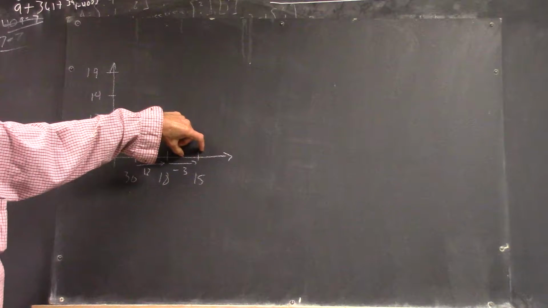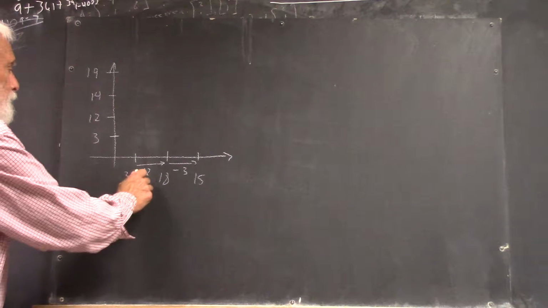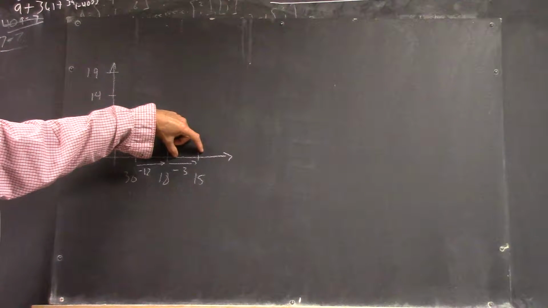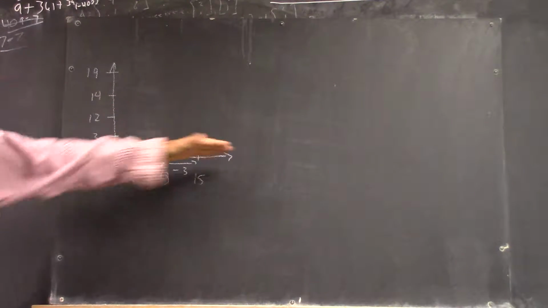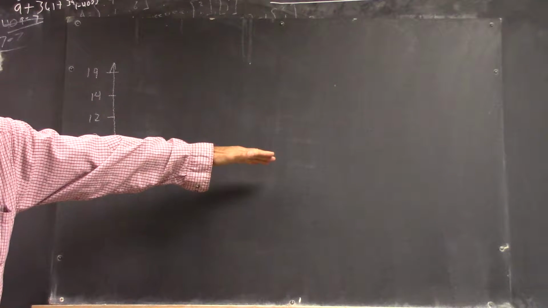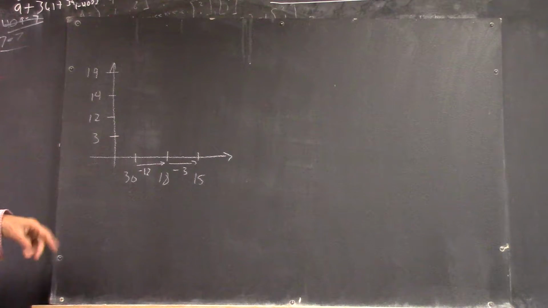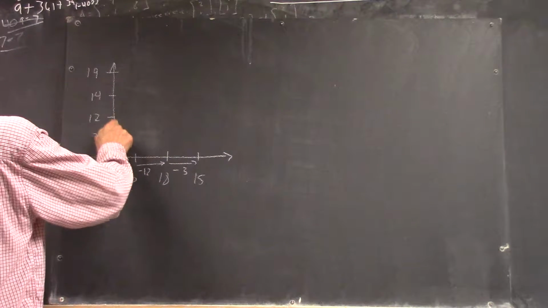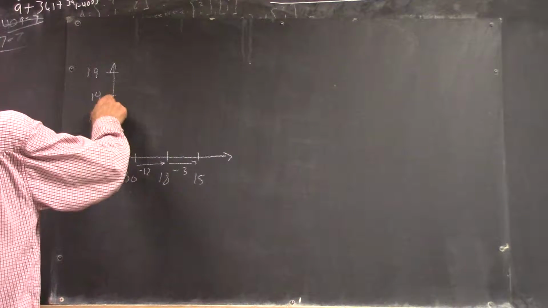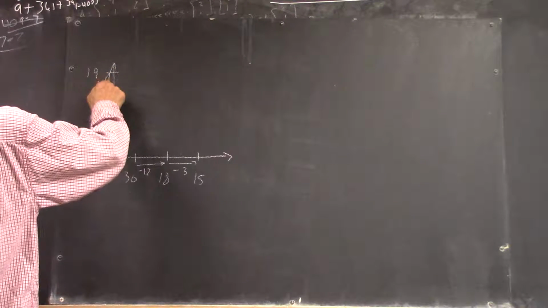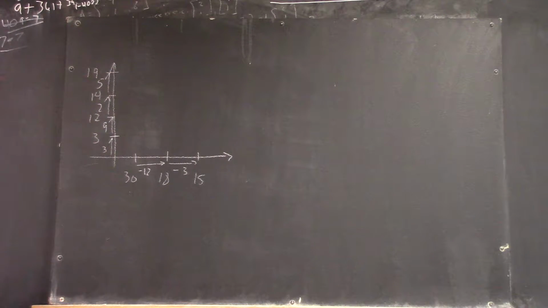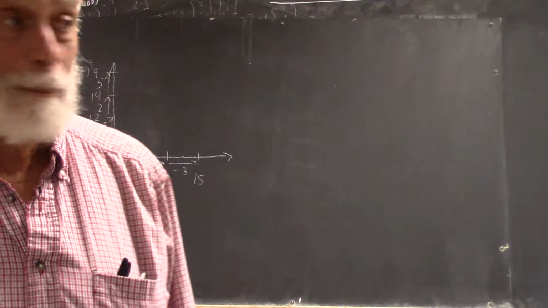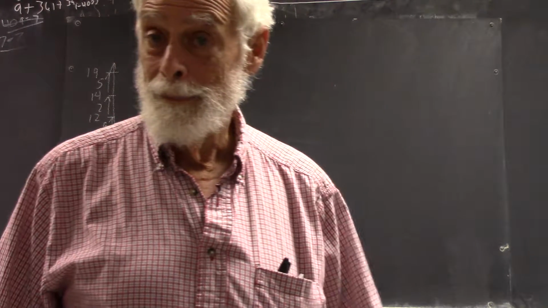Is -12 the same as -3? This displacement would be -12, and it does go negative. That's a positive direction, right? Okay? And here, this displacement would be 3, this would be 9, this would be 2, and this would be 5. They all look the same, but they represent different displacements, right? Okay?